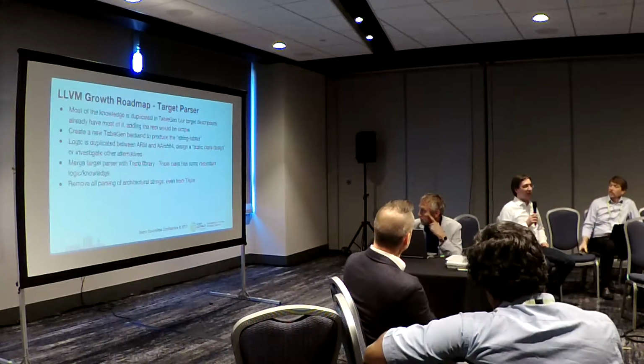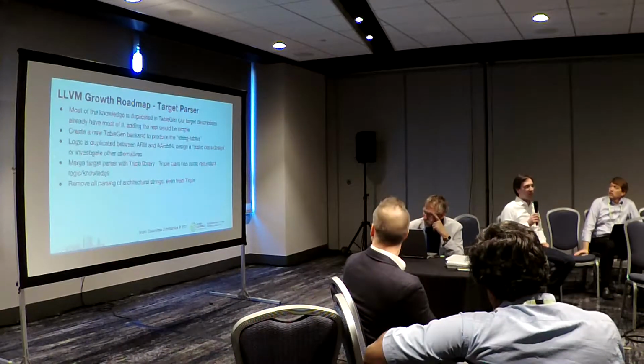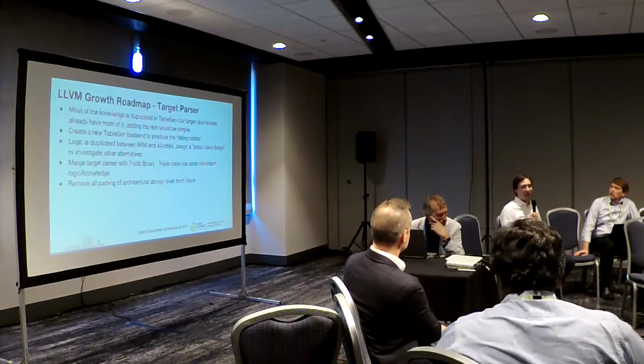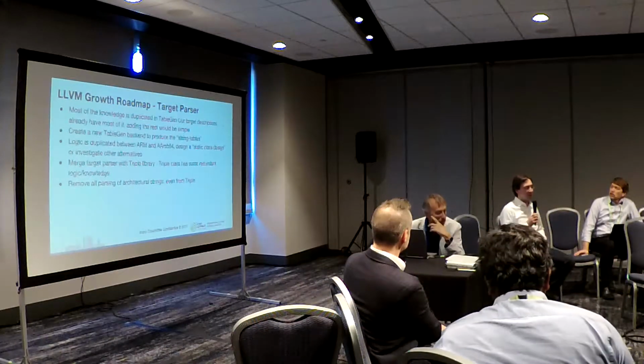LLVM's current handling of targets and compiler options is a very difficult place to change something without breaking something else. So it's accepted by the community that this needs rework. Unfortunately, companies who are investing heavily in LLVM work around this in many different ways downstream.